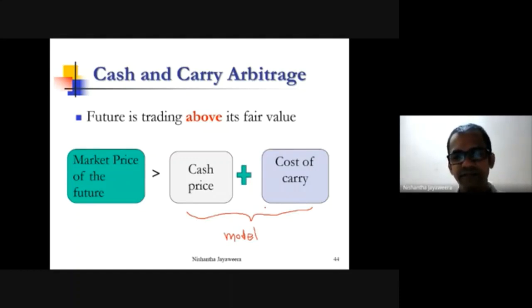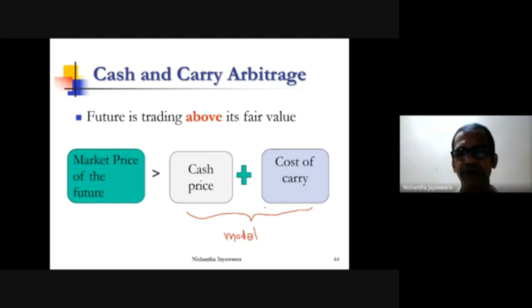Then, to cover that position, what do you do? Now you have to create synthetically a futures buy transaction. Otherwise you get exposed to the market price. In an arbitrage trade, you don't take any market view. Whether the market goes up or goes down, you make a profit.